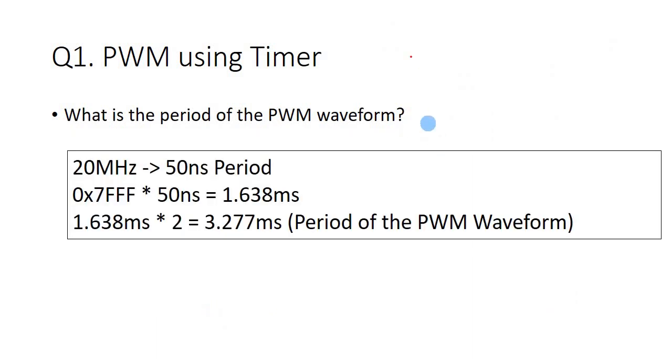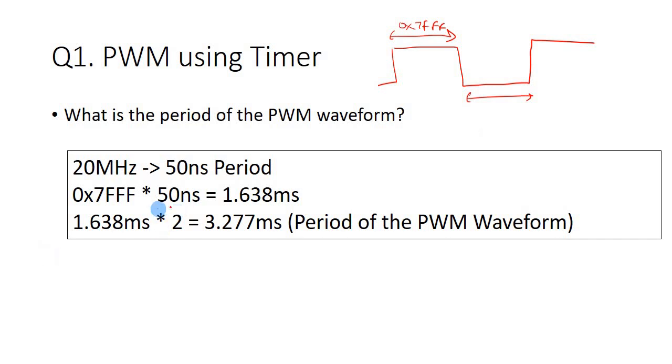So the period of the waveform basically relates to how long it takes. As we saw just now with our current code, it takes 0x7FFF counts to generate the interrupt, and then I'll toggle again, for the same duration of time after that. Since I have a 20 megahertz clock, the period of the clock is 15 nanoseconds.